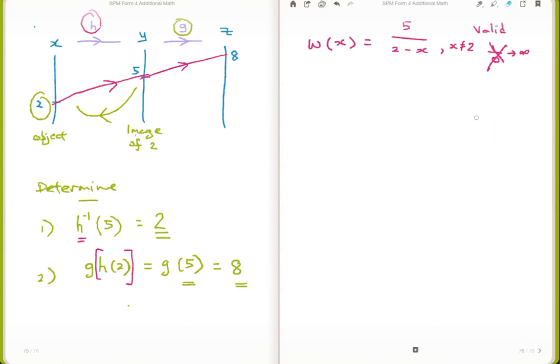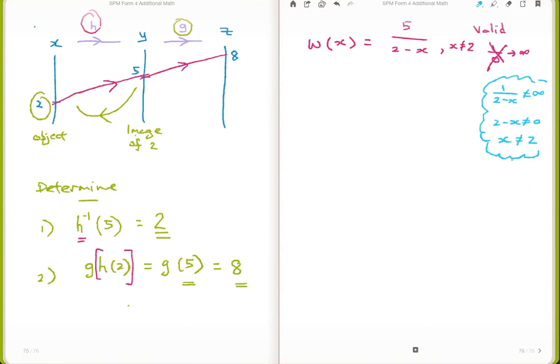In order for it to be valid, 1 over 2 minus x can never be equal to infinity. So therefore, 2 minus x can never be equal to 0, and so x can never be equal to 2. This is important. You need to learn this.